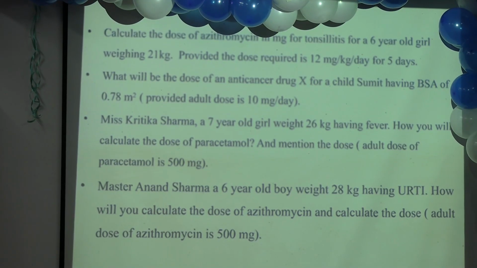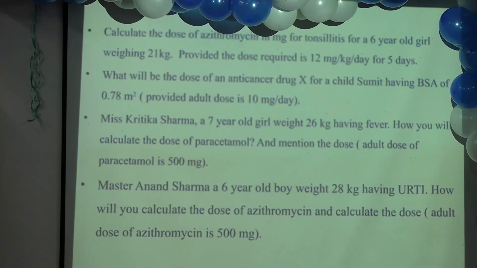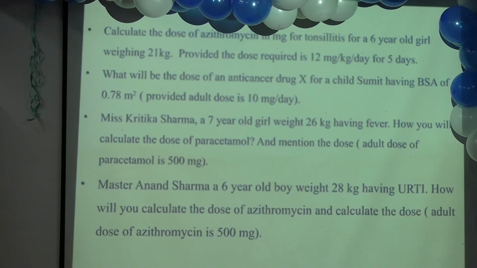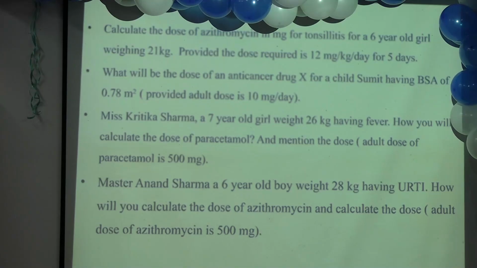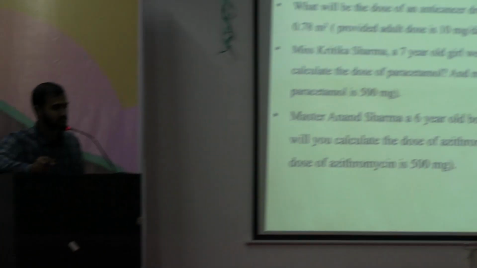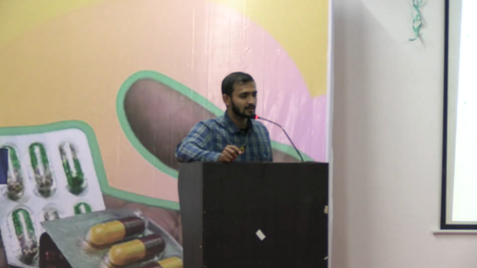Now put it on the formula. What is the formula? Dose equals to adult dose multiplied by body weight by 70. It is 252 milligram per day. Any confusion? Formula क्या था?